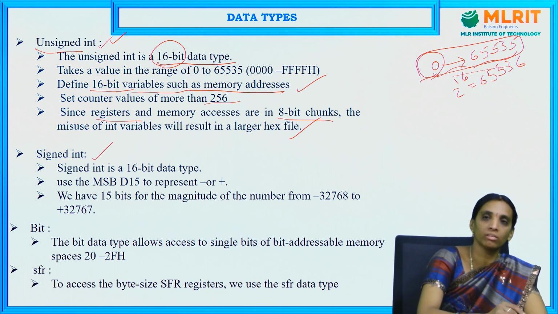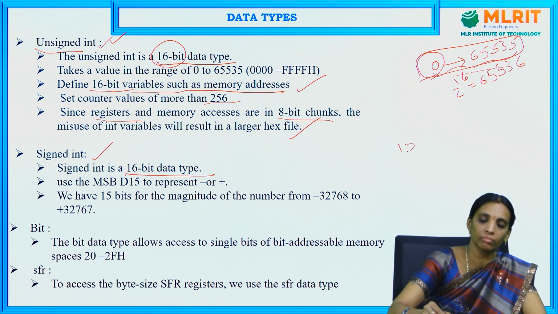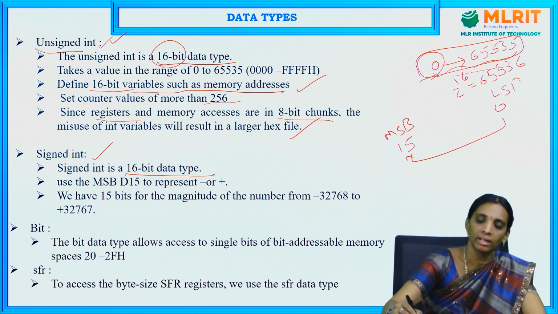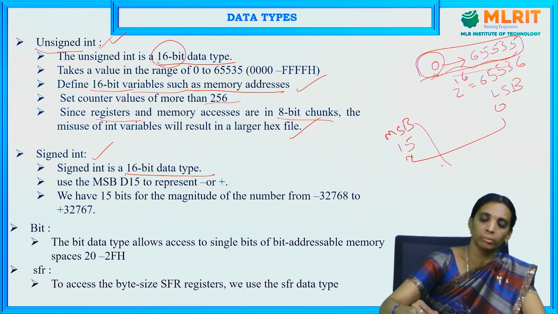Signed int is also a 16-bit data type. Of these 16 bits, numbered 0 to 15, the 15th bit is the MSB and the 0 bit is the LSB. The MSB represents the negative sign.